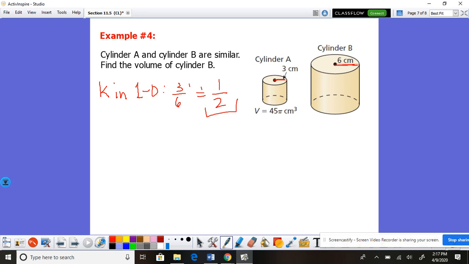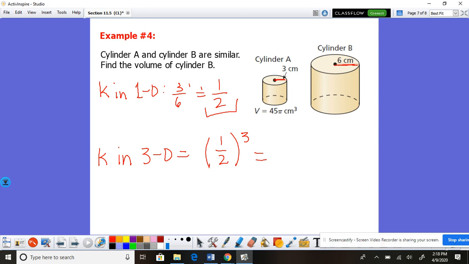So when we went to area, which is 2 dimensions, if you remember from chapter 8, we squared this. So to go to the 3rd dimension, wouldn't it make sense to cube it? So the scale factor in 3 dimensions would be the scale factor in 1 dimension to the 3rd.